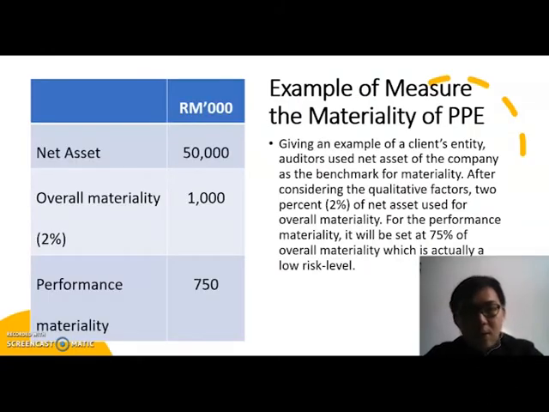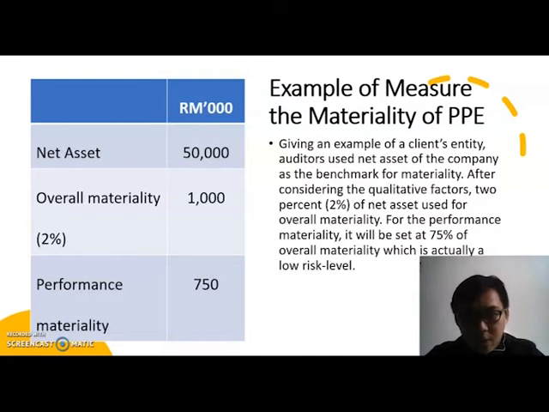So, this is an example of measuring the materiality of PPE. Given an example of a client entity, the auditor uses net assets of the company as the benchmark for materiality. After considering the qualitative factors, 2% of net assets is used for overall materiality.